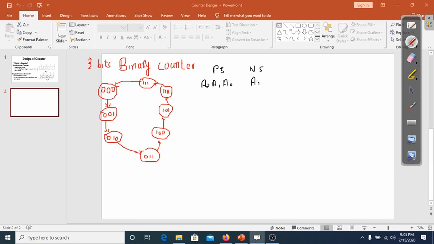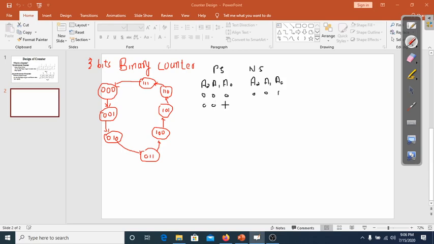A2, A1, A0. We have a 3-bit. So suppose we will start from 000. So our present state is 000. Then if we start from present state 000, the next state is 001. Now the present state is 001.